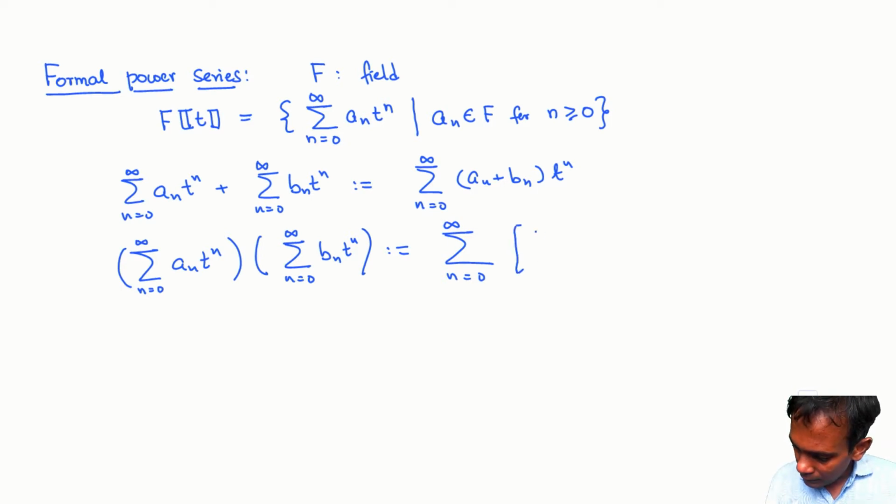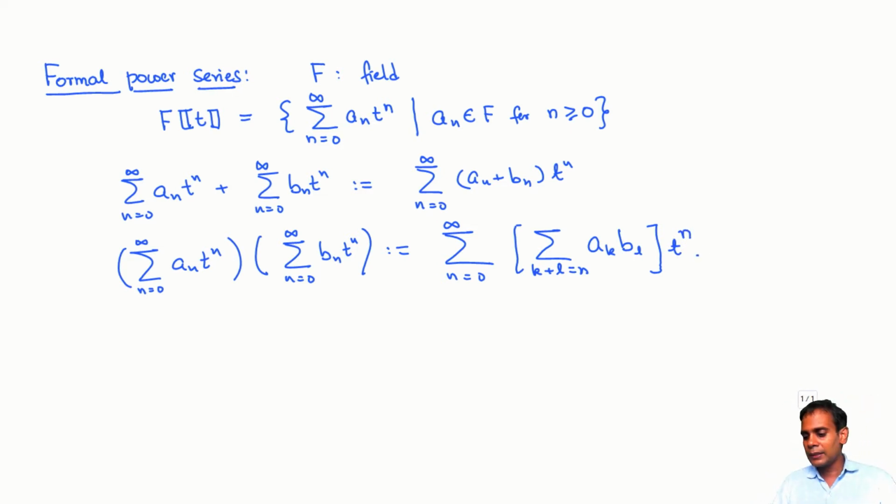It is the sum over all pairs of integers k and l such that k plus l is equal to n of a_k b_l. Okay, so these definitions are motivated from the way in which power series that come up in complex analysis add and multiply.